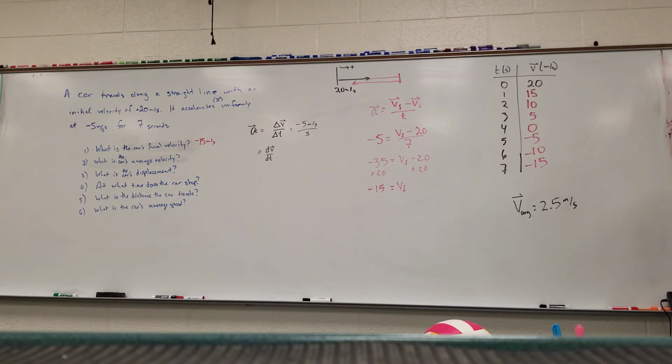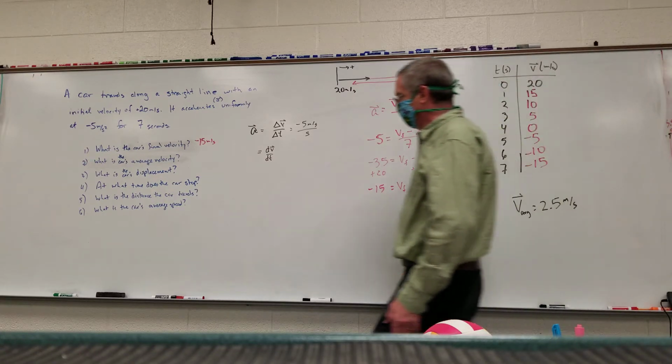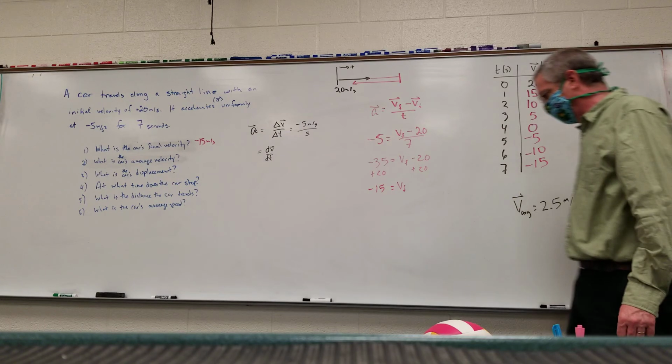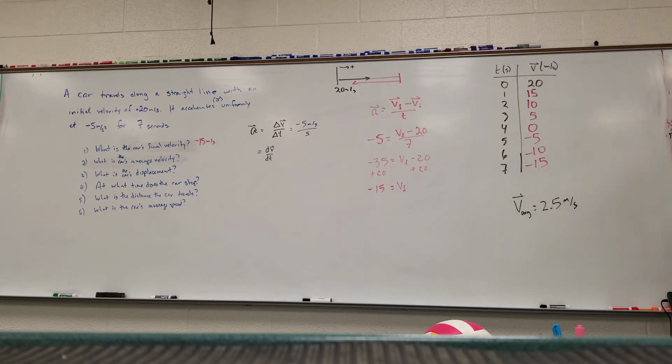Suppose instead of listing them like that, ooh, I should have picked an even number. I usually pick an even number for the time. I want to keep it at 7 seconds.